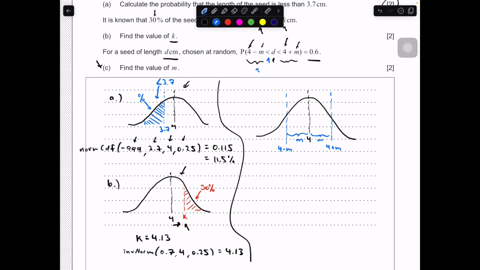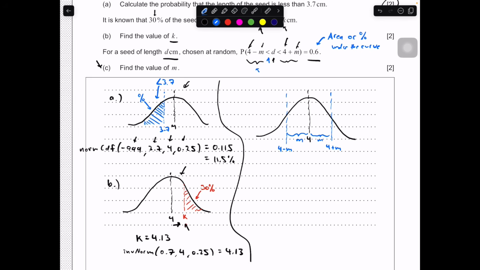And this last point of this 0.6 is saying that the probability that we're within the range where d is greater than 4 minus m and d is less than 4 plus m is equal to 0.6. Or what we've seen before, this is the area or percentage under the curve.